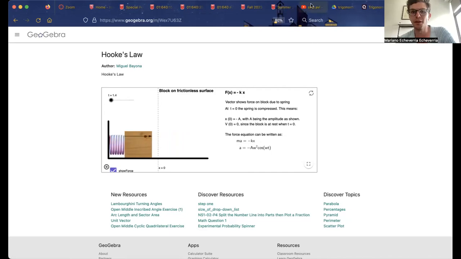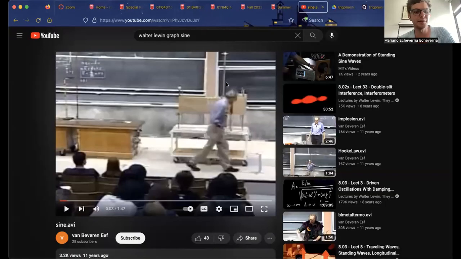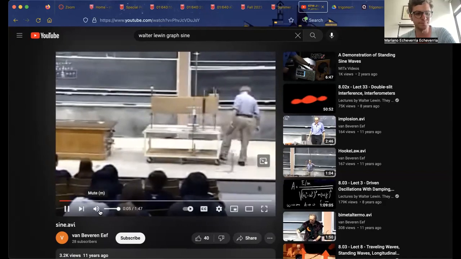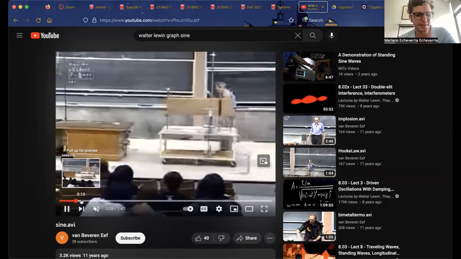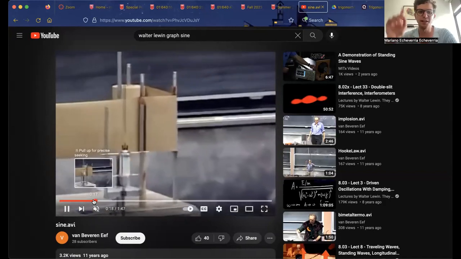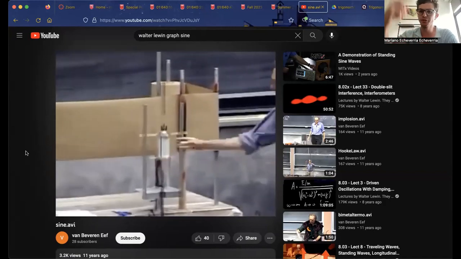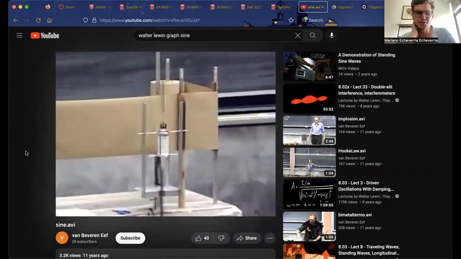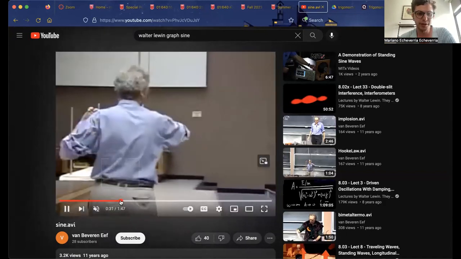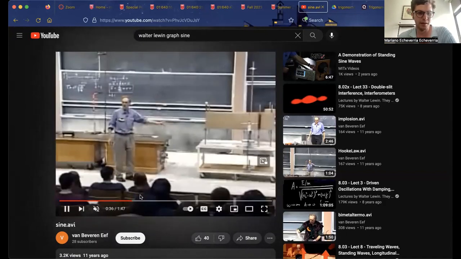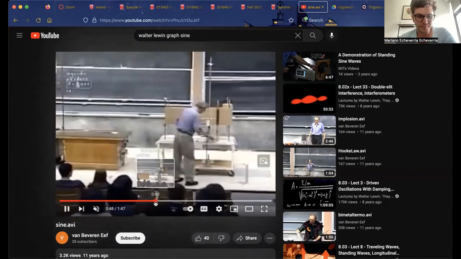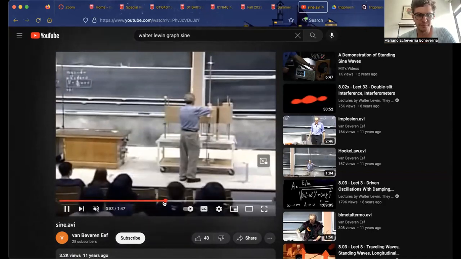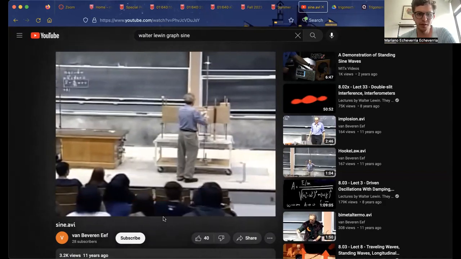A cute way to see that show up is an animation from an MIT physics class, which is very cool. He has a spring can that you see going back and forth. It's the analog of the spring with the mass that I showed you in the GeoGebra demo.